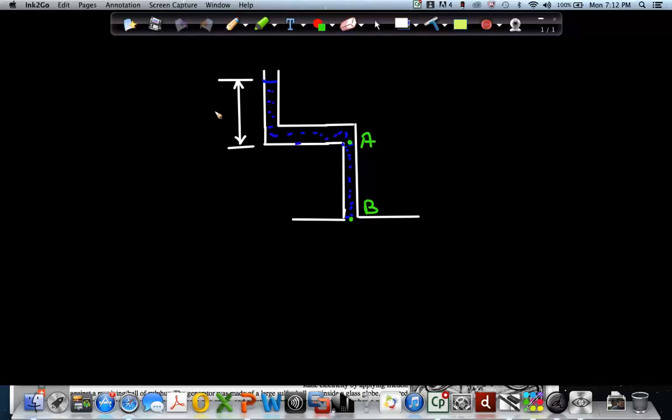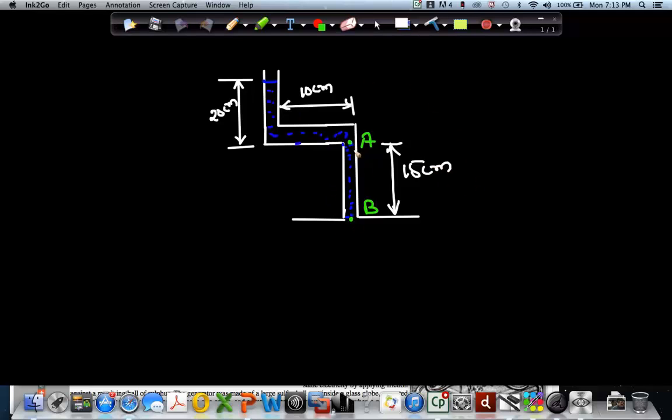This is 20 centimeter, and this length is 10 centimeter, and this height is 15 centimeter. Right? Liquid is water.